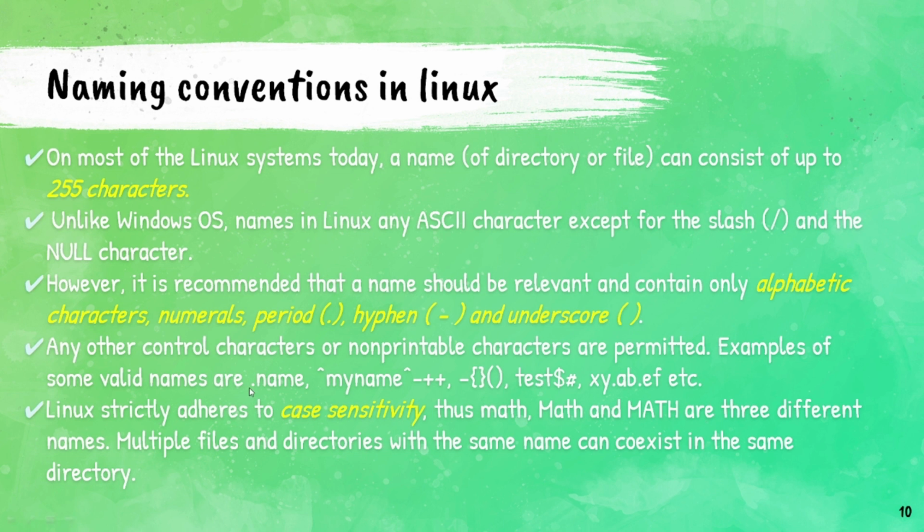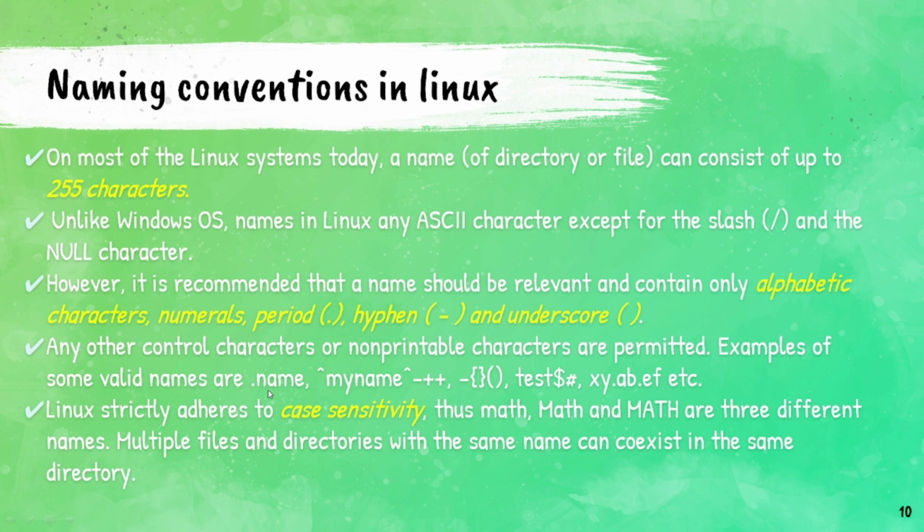Here you can use a character like period, as I told you earlier, that is used to create a hidden file. You can use caret, or you can use plus sign, minus sign. You can use brackets. You can go for dollar, hash, right? In Windows, we can't use such special characters in a file name. But here in Linux, we can use such characters in a file name.